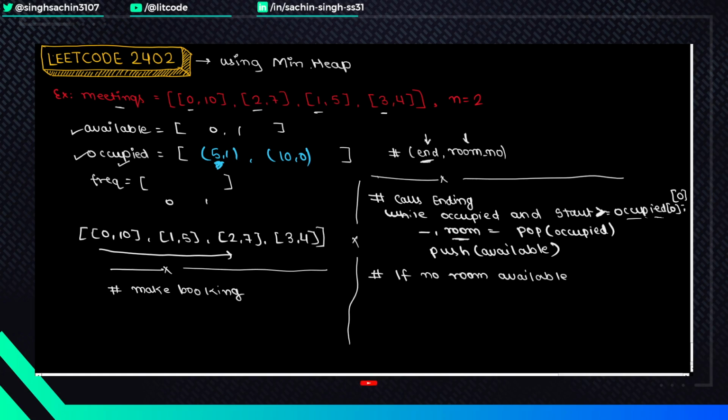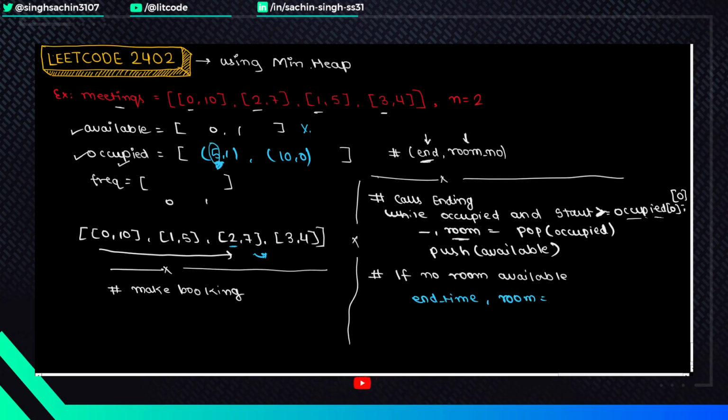So what we'll have to do, if there are no rooms available, if this array is empty, then we'll have to shift all our meetings to a certain endpoint. We know this is the meeting which I want to start next. So we'll take the end time of this, which is 5, and we will also definitely get the room number.